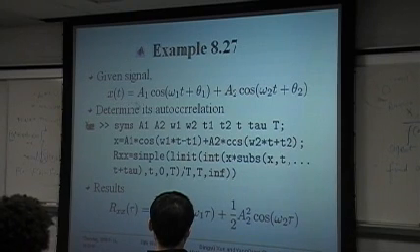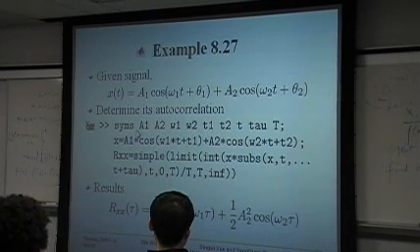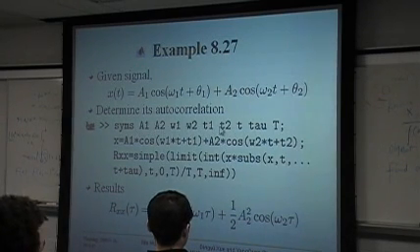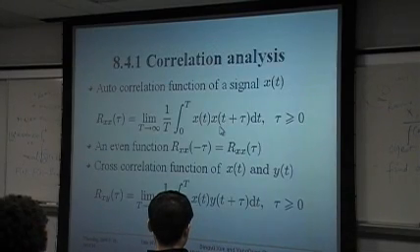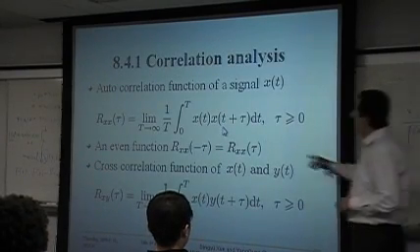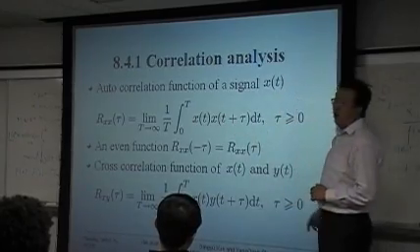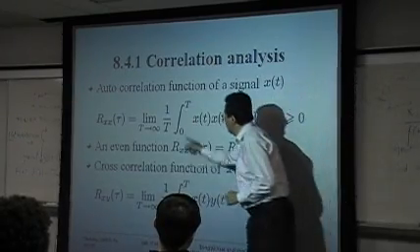Suppose a function x(t) is given by this, where there are several unknown variables a1, theta 1, omega 1, a2, omega 2, theta 2, and also the variable t. So we have to declare these variables as symbolic variables, like this. Apart from these variables, if we check back to the definition, we see that we have an extra argument, tau, and also the variable t.